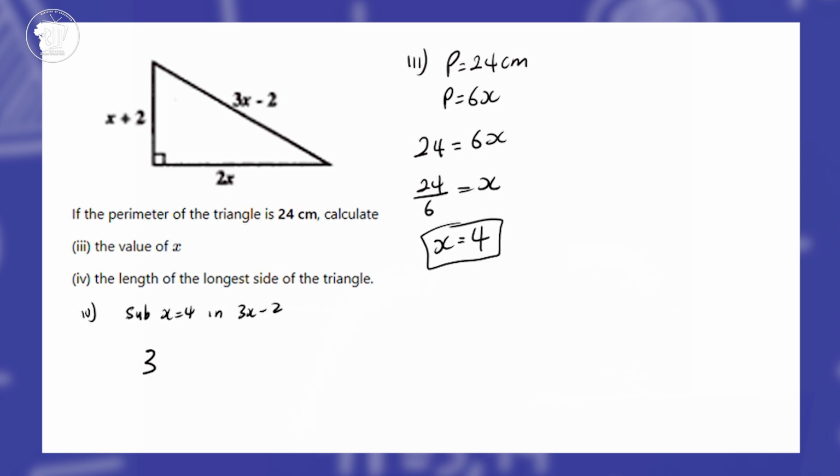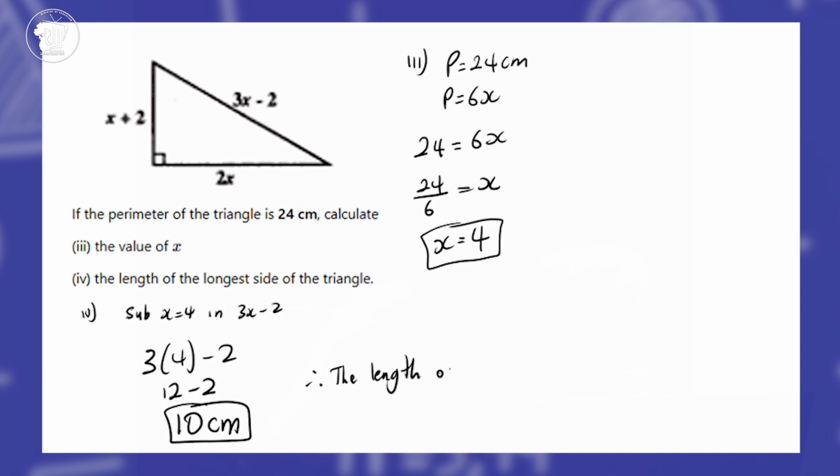So we'll have 3 times 4, which is 12, subtract 2, which gives me 10. Therefore the length of the longest side is 10 cm, and that would be our answer for this question.